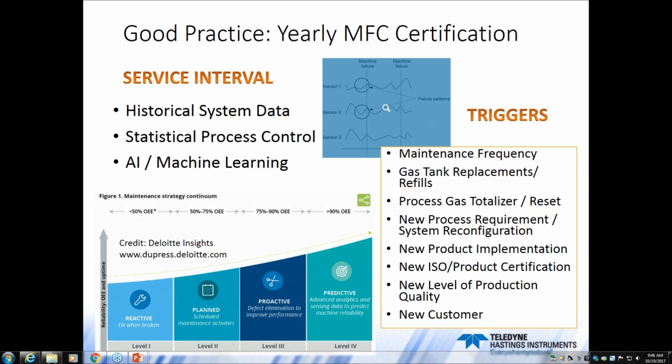Literally, the secret here is to find, in plots and historical data of different sensing elements, a failure pattern. So machine learning has to do with failure patterns.